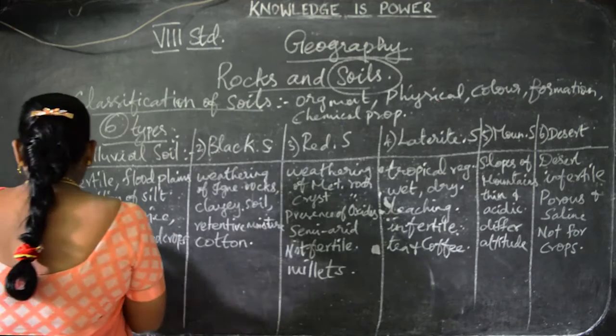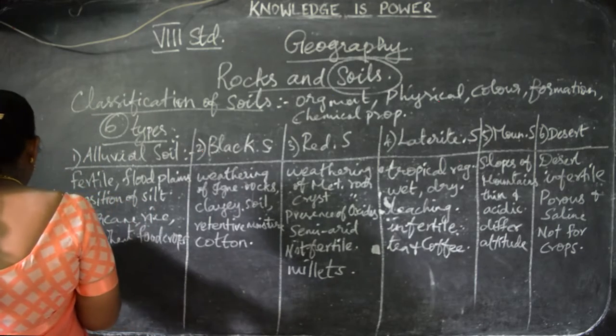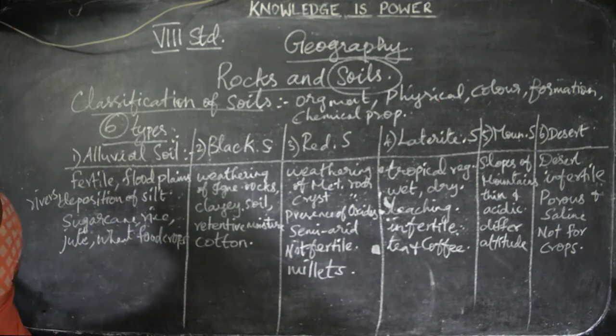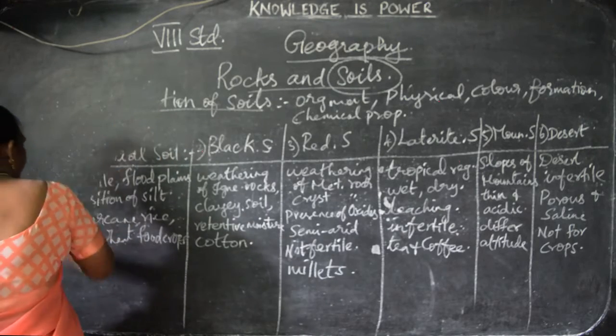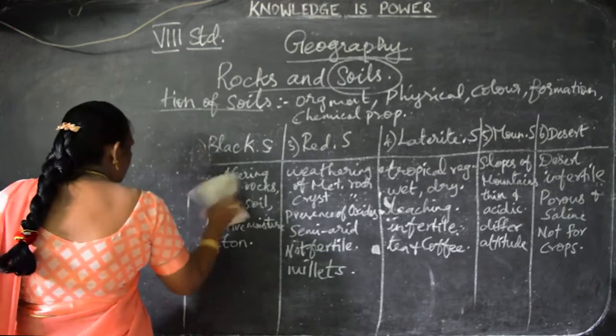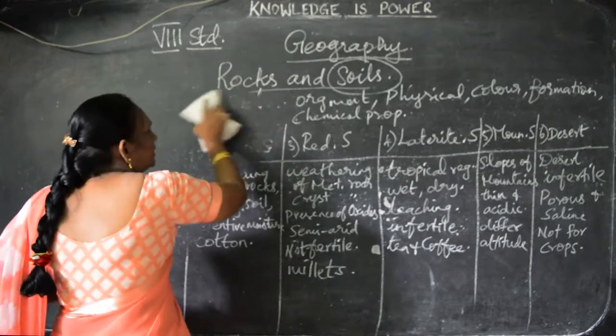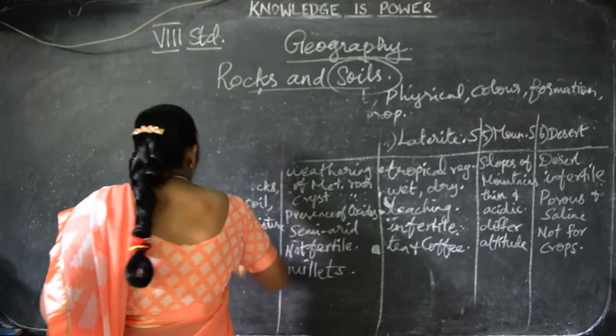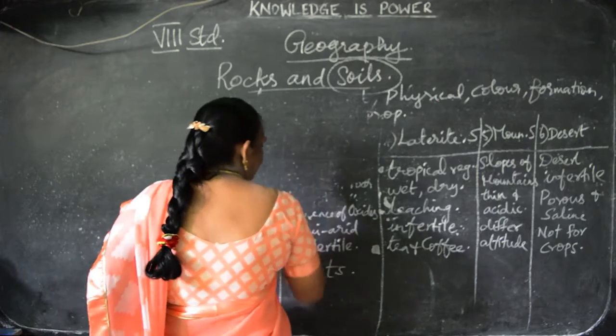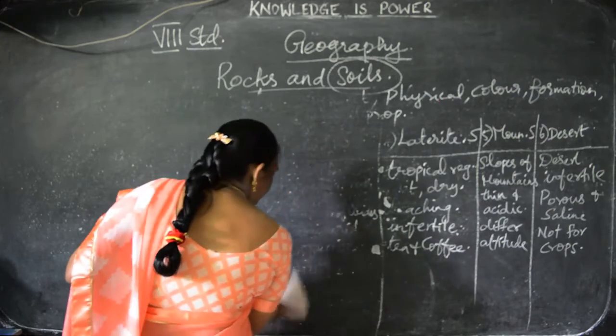Now, next we are going to see about soil erosion. Shall I rub the board? How the soil is eroded. Previously I told you that it is because of water, wind, and so on.